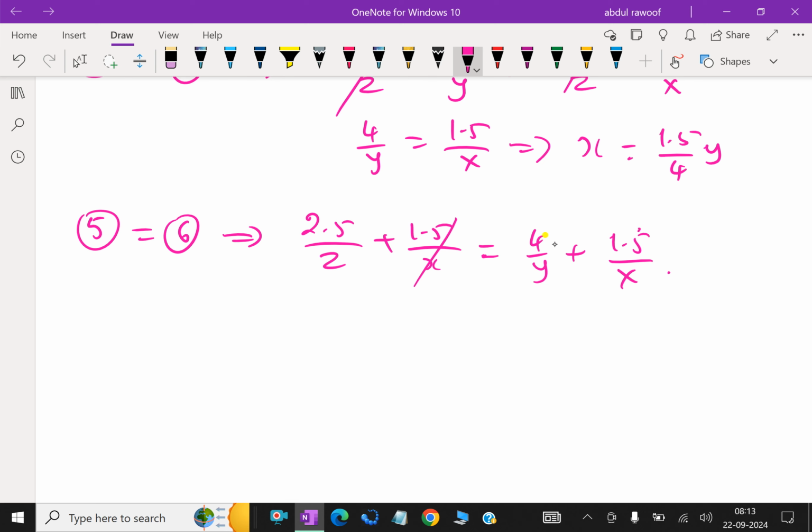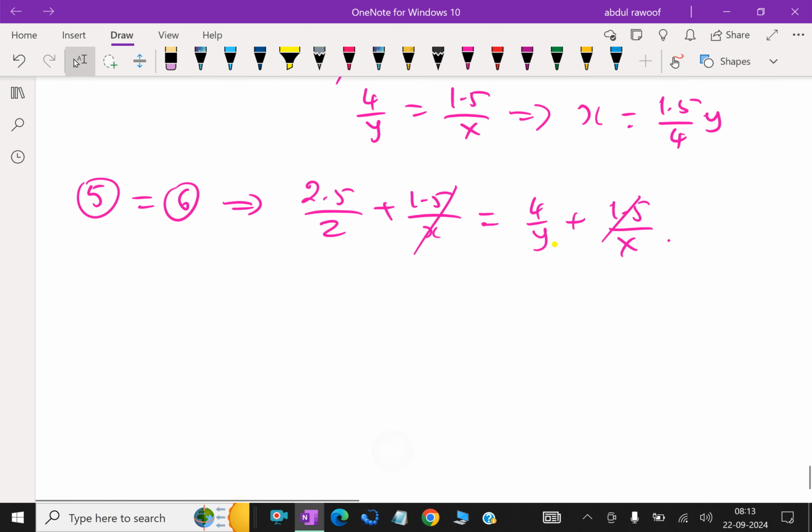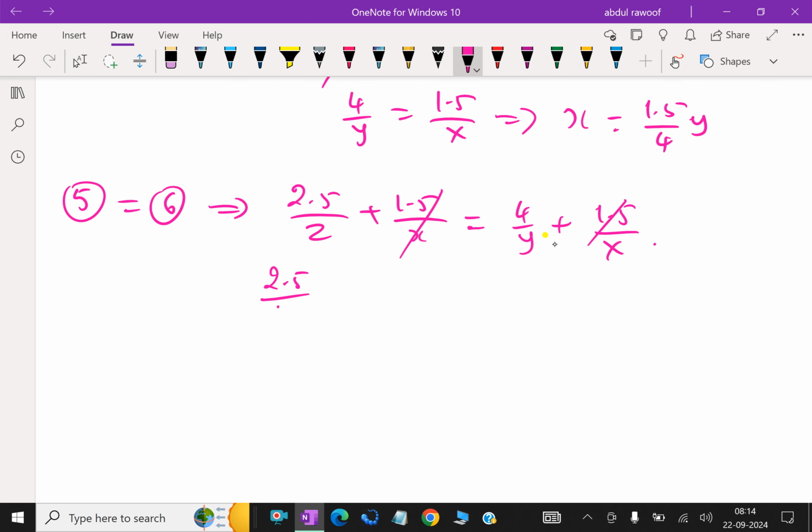These two terms cancel, so we have 2.5 over z equal to 4 over y. From this, z equals 2.5y over 4.